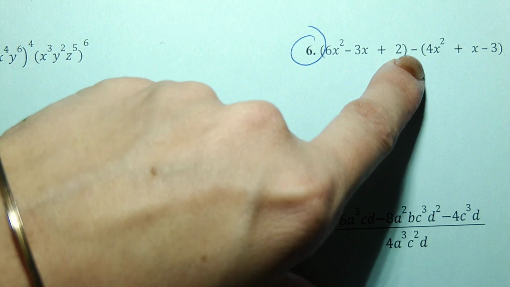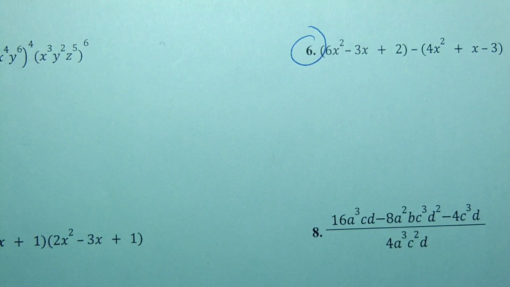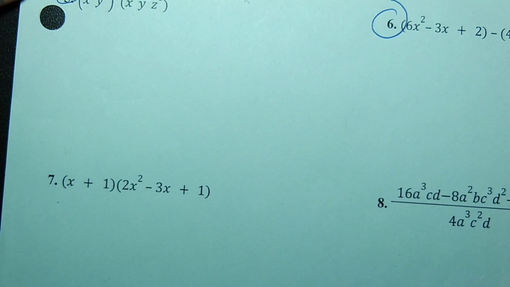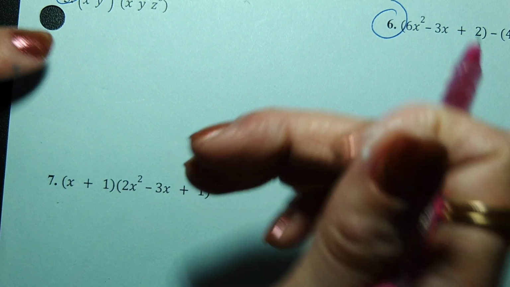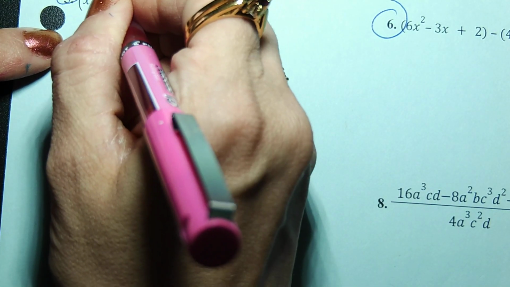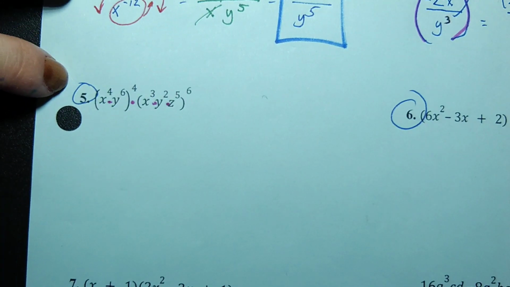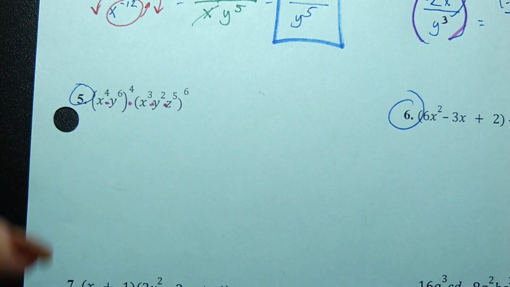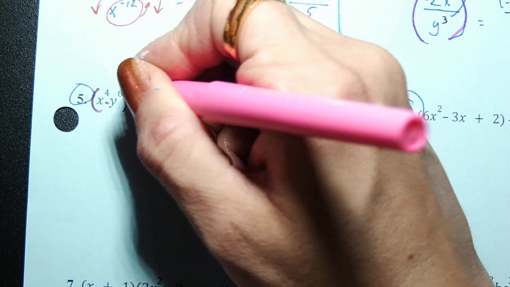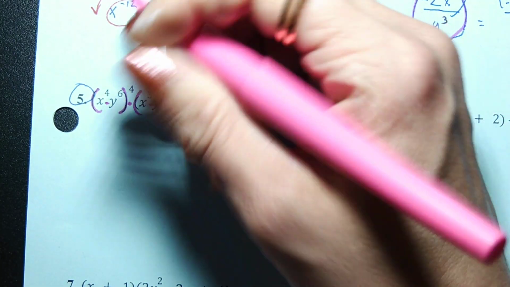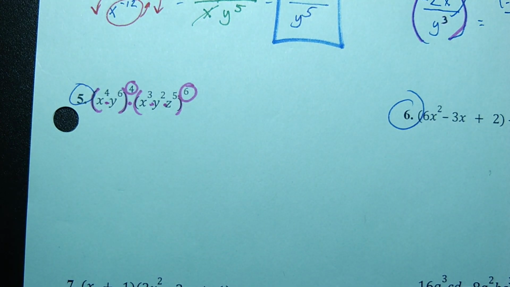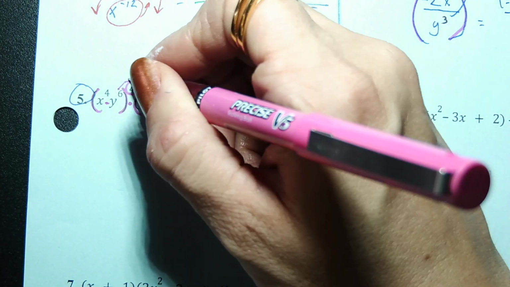On this one, since it's subtraction, so folks, on 5, these are all joined by multiplication. So we won't have to distribute anything. However, both of these are being powered up by an exponent on the outside, so that is what we will need to do first.